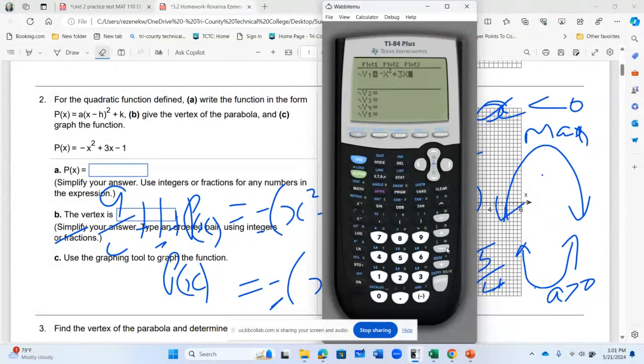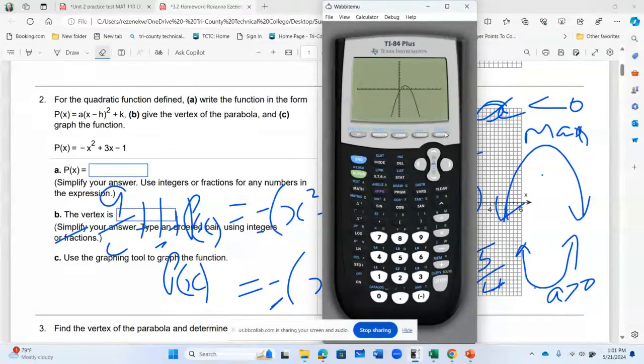Because people make mistakes, you want to check that your maximum point corresponds with the maximum that the calculator gives you. They don't have to ask you to use the calculator, but you want to make sure you know that you can. So I think my window is good. I can just sketch it and see if I have what I need.